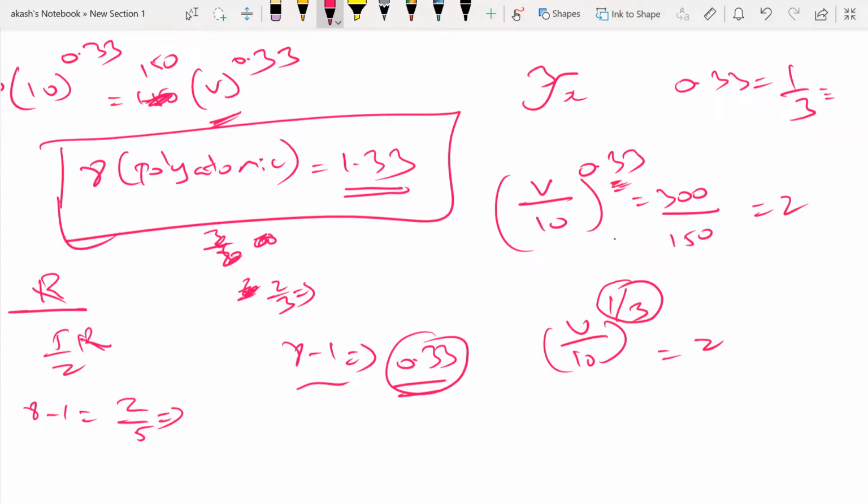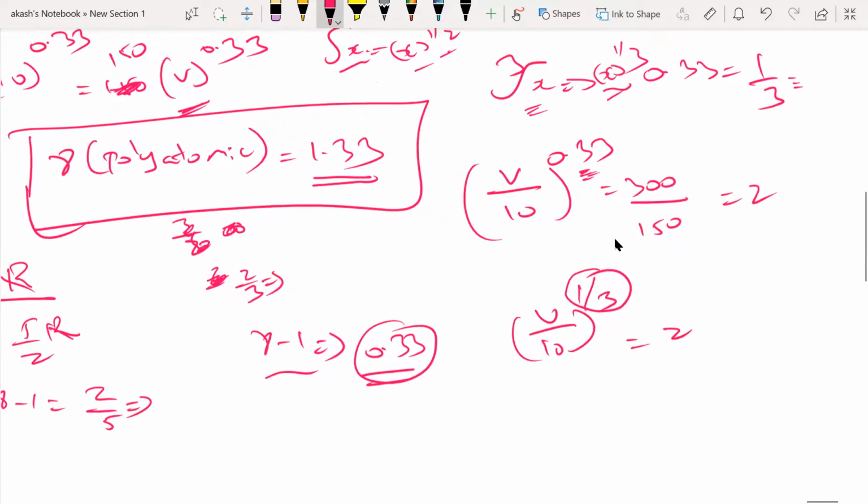Cube root of x is x to the power 1/3, and whenever we write square root of x, that power is 1/2. x power 1/2 is nothing but root of x. So here it is 1/3, so it is cube root.